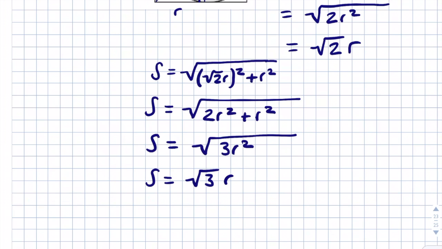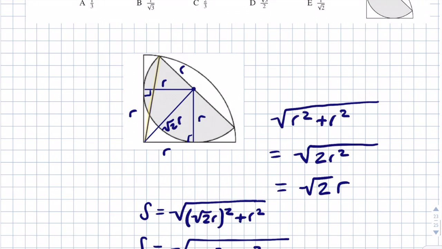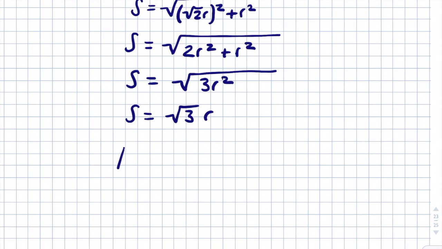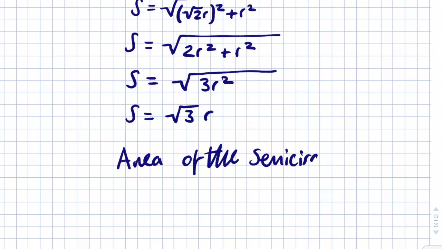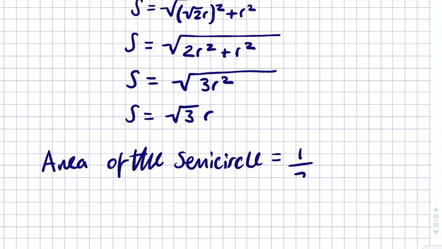So now we basically have all of our information, because all we need to do now is work out what the area of the quarter circle is and what the area of the semicircle is. So the area of the semicircle is going to be equal to a half pi r squared. Well, we know that the radius is just r, so it's still going to be a half pi r squared.